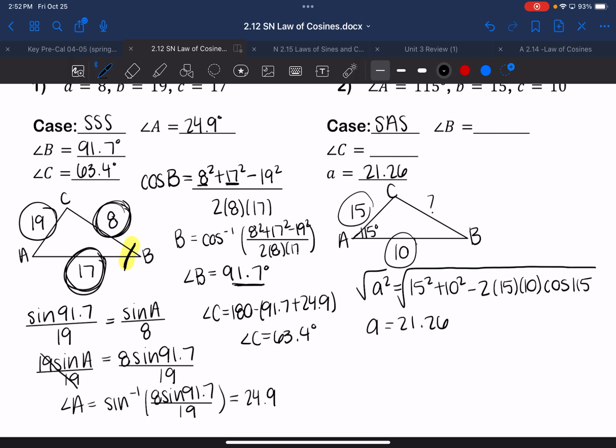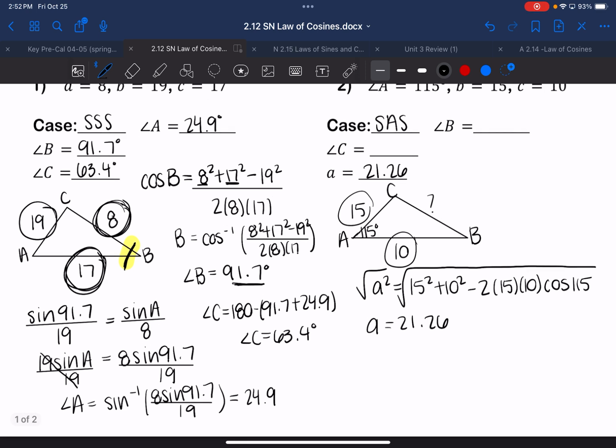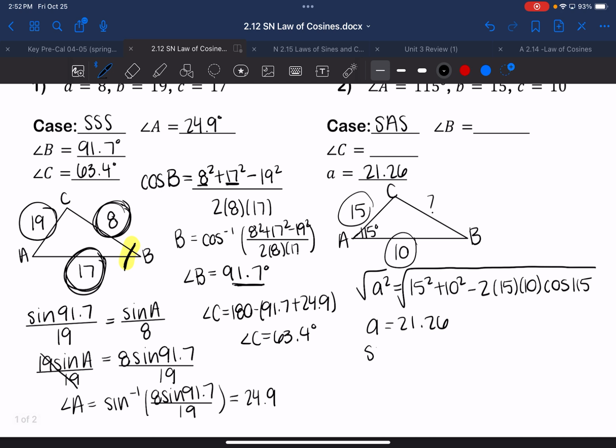And now that I know that piece is 21.26, if you want, now you can use law of sines. You don't have to use law of cosines anymore because you've got a match, right? So if I did want to use that, then now I would say sine of angle A, which is 115, over 21.26. And then I can look for either one of the other angles because angle A was 115.